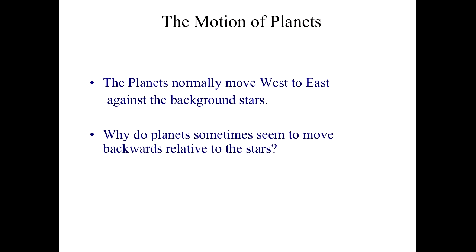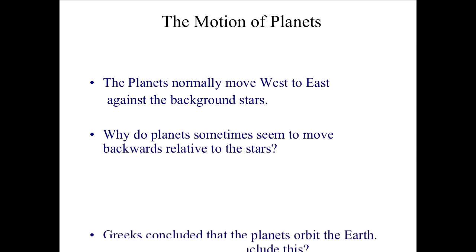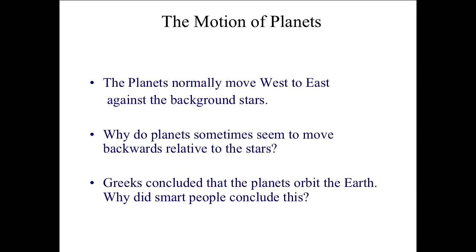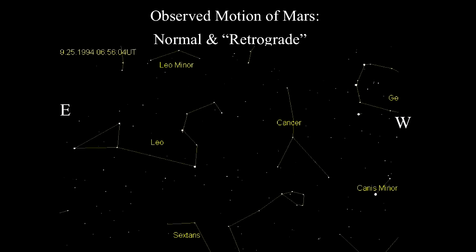Why does that happen? Well, the Greeks came up with a theory, and the theory was simple. You simply have a solar system in which the planets occasionally back up in their motion. Seems logical. They were smart. They came up with the best mathematical model that they could.